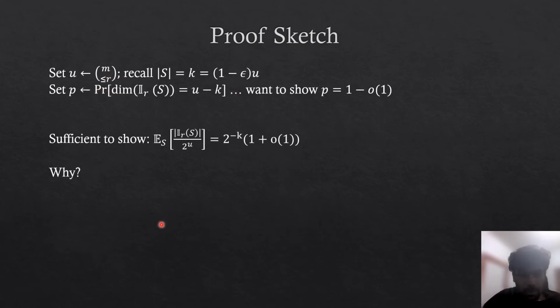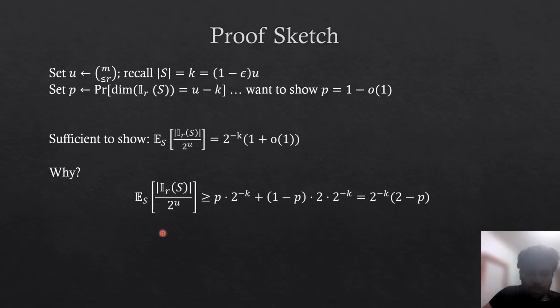This is just some very simple calculation which we can follow. It is based on the observation that if you try to calculate what this expectation is in terms of p, you realize that with probability p, this random variable is 2 power minus k, and with the remaining probability, this random variable has to be at least twice 2 power minus k. Why?